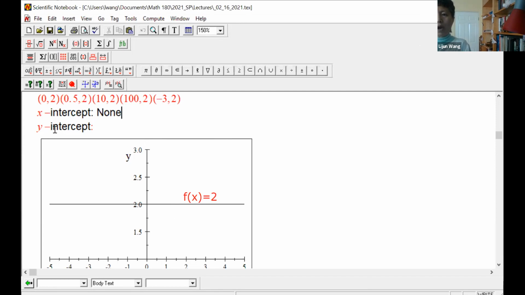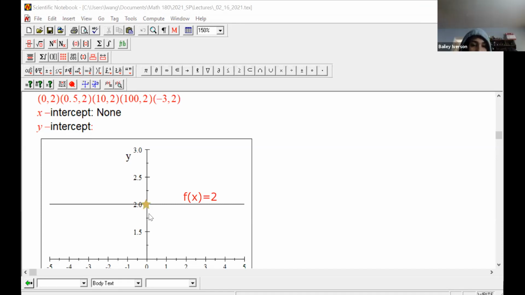Where does it cross the y-axis? That's the y-intercept. Where is it? Right here. And that point we're talking about is a description of this point.